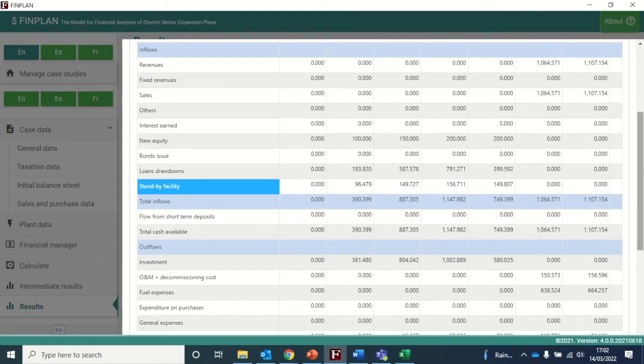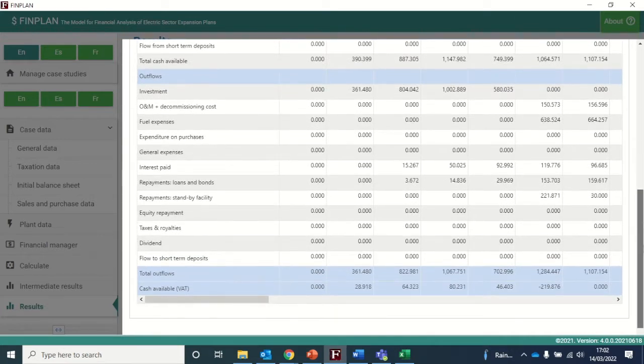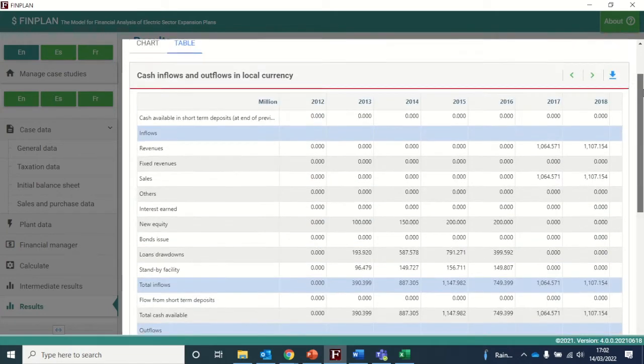In the last row, cash outflows for VAT payments and cash inflows of VAT reimbursements are reported, which you can see here. VAT repayment is reported in negative terms as minus 219.876 million ringgit over here, which is used to repay the standby facility that paid the VAT. From the year 2033 onwards, large amounts of cash are deposited as short-term deposits, as shown in the topmost row.